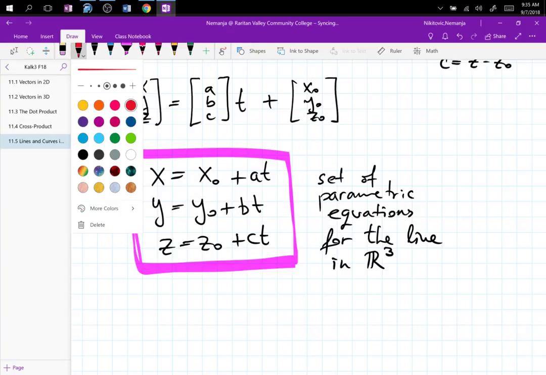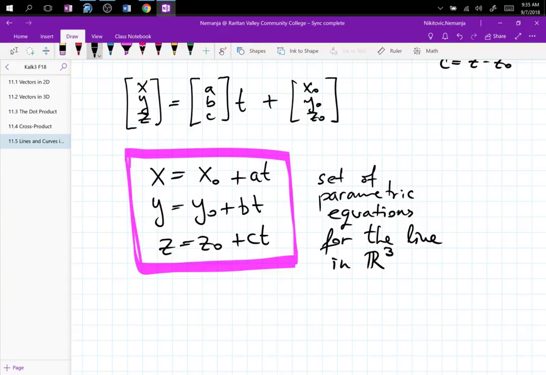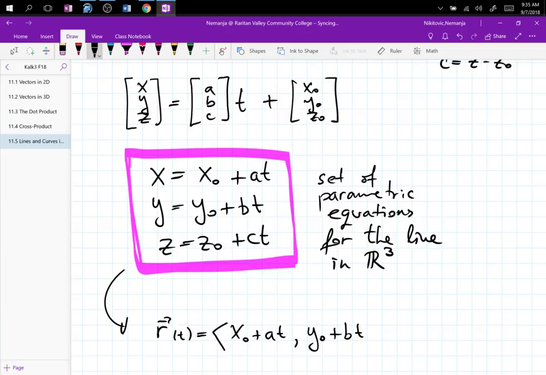We can also write this as r of t is equal to x0 plus at, comma y0 plus bt, comma z0 plus ct.